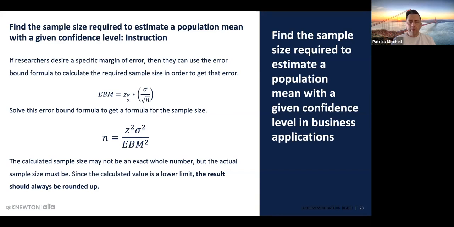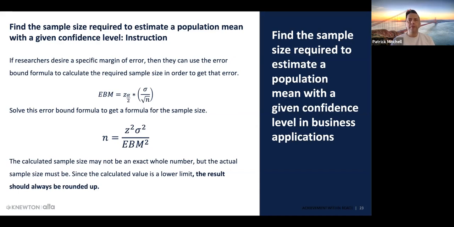Most of the time, this value of n will not be a whole number, but of course the actual sample size has to be a whole number. Since the calculated value is a lower limit, you always have to round this value up, all right?